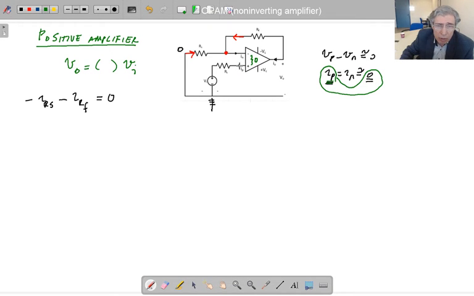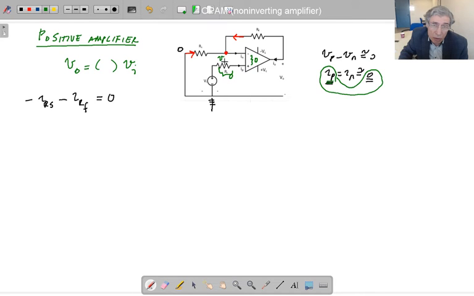If that current is equal to 0, then this current is the same as this resistor's current, so the resistor voltage is R times 0, which gives 0. If that voltage is 0, then this node voltage is going to be VI. The difference between those two nodes is 0, which means VI volts comes to that node.